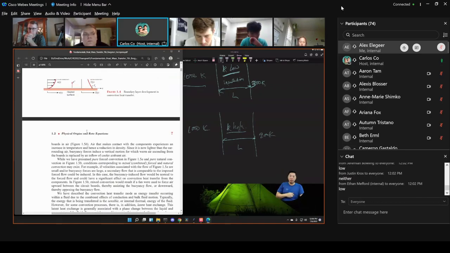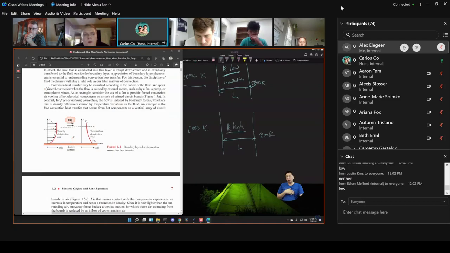Now, the details of this are quite complicated, and there's no way we could easily cover that in this class, especially since you don't take multivariable calculus or partial differential equations. The equations to be solved for the temperature distribution and velocity distribution would make no sense, even for something as simple as flow over a flat plate.